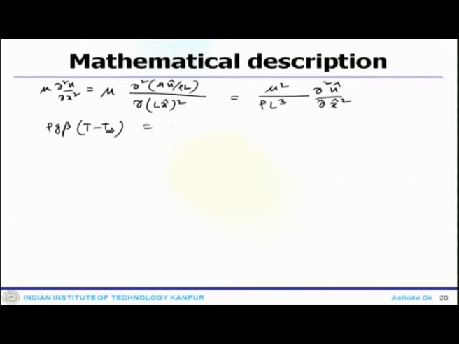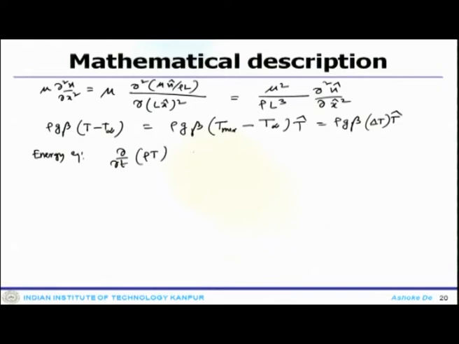So, that becomes rho g beta T max minus T infinity T hat. So, this would be rho g beta delta T T hat. Okay. And one more term in the energy equation, if you look, you will have the term del by del t of rho T. So, this will become mu delta T divided by L square del T hat by del t hat.